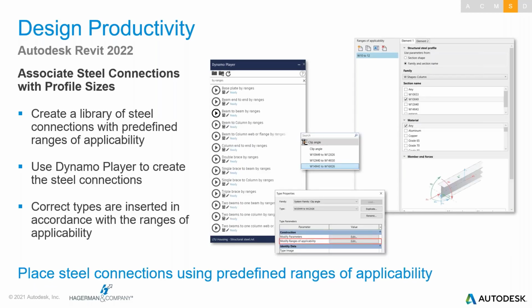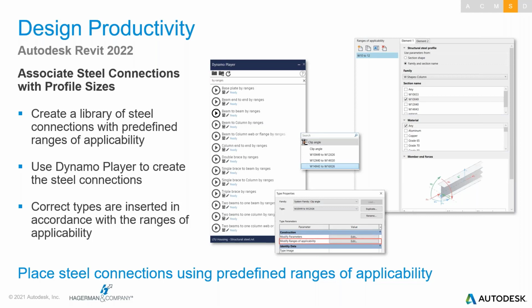Okay, so in Revit 2022, structural engineers can automate the placement of steel connections following custom sizing rules by predefining connection libraries and associating connection types with profile size ranges applicable to them.